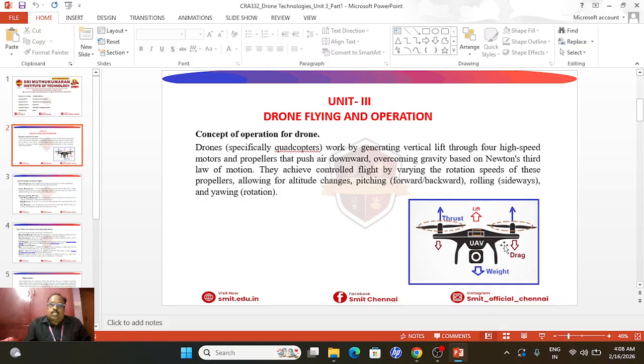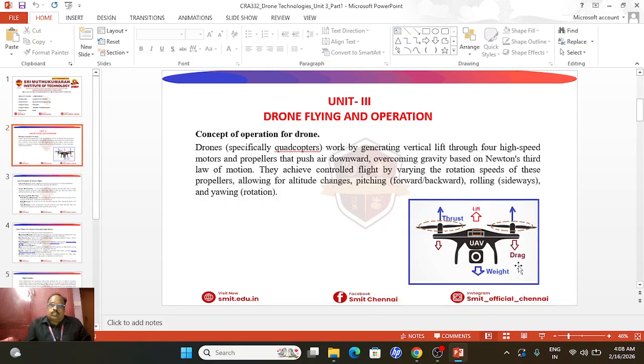As we discuss here, before that, various terms: pitch, yaw, and roll. The level of autonomy of drones is based on the pitch, roll, and yaw. Pitch is forward and backward, rolling is sideways, and yaw is rotation. You can see here the thrust and lift position through the rotating propellers.